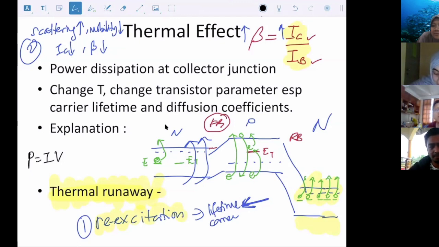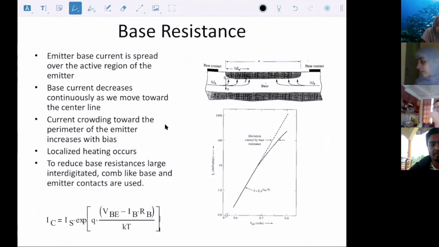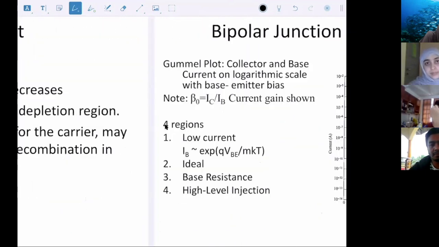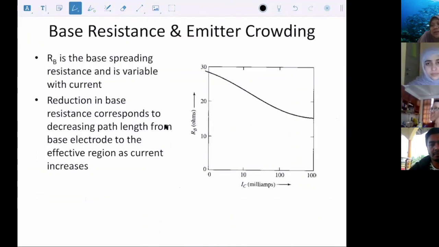Any more question? No, ma'am. Okay, let's go to the next one. What's the time now? 3:11. Base resistance. So what we have the effect. Let me go through what other things that we need to cover. How many classes we have left? This is week 11, right?